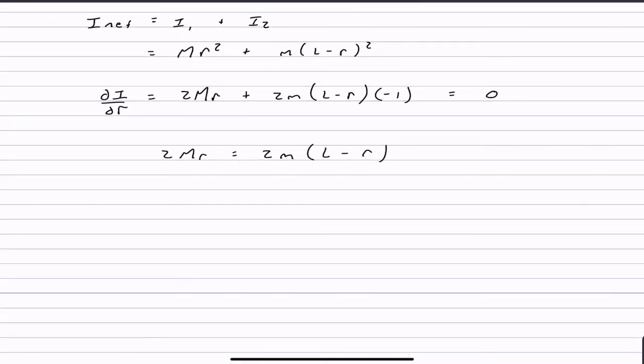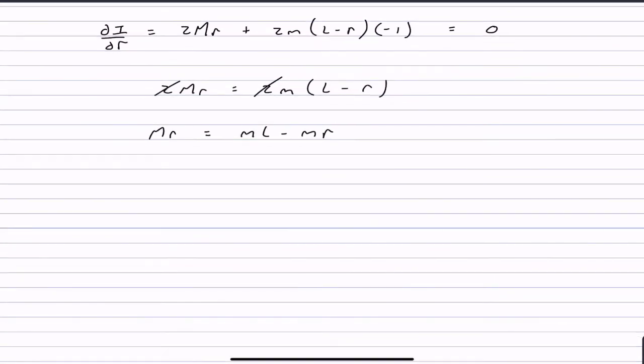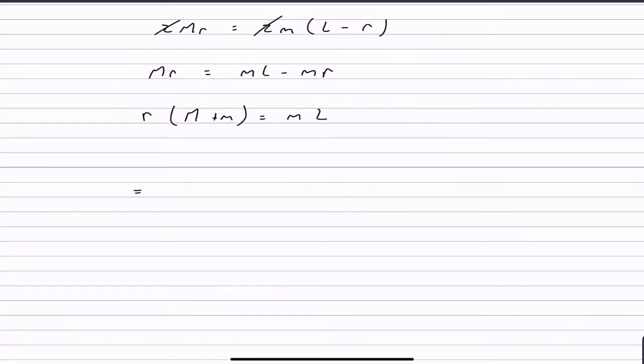Right, we're getting somewhere. Okay, these cancel. Now we have big M r is equal to m L minus little m r. Right. So now we have r (big M plus m) is equal to little m times L, which means r is equal to little m big L over total mass.